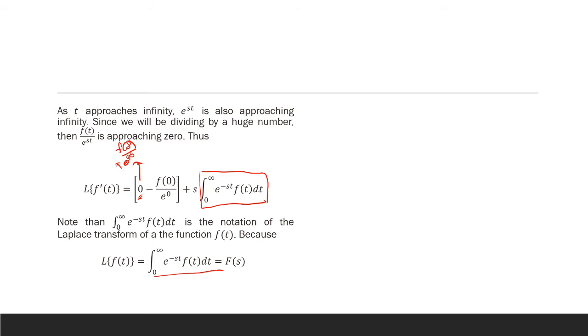So instead of letting this be just the integral from 0 to infinity of e raised to negative st f of t dt, palitan na lang natin siya ng F of s because that is the very definition of Laplace transform.